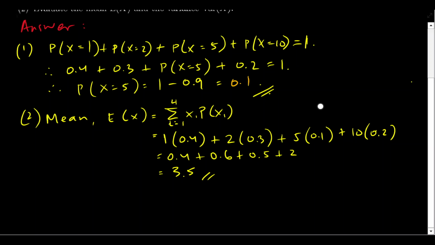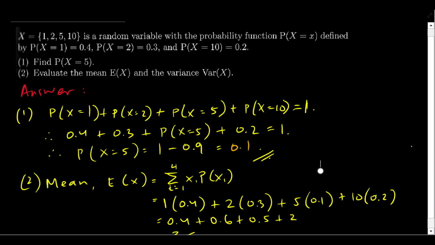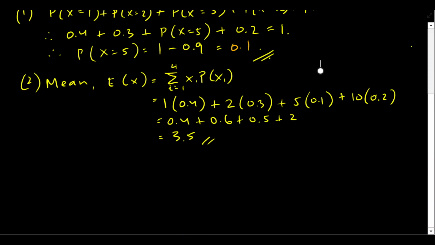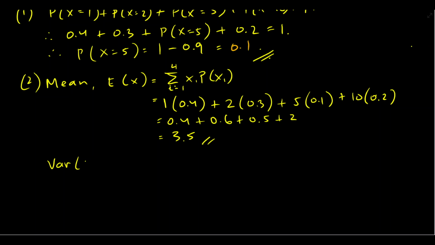Now let's calculate the next question. Evaluate the variance. For a discrete random variable, the variance, var of random variable x, is given as the expected value of x squared minus the square of the expected value of x.